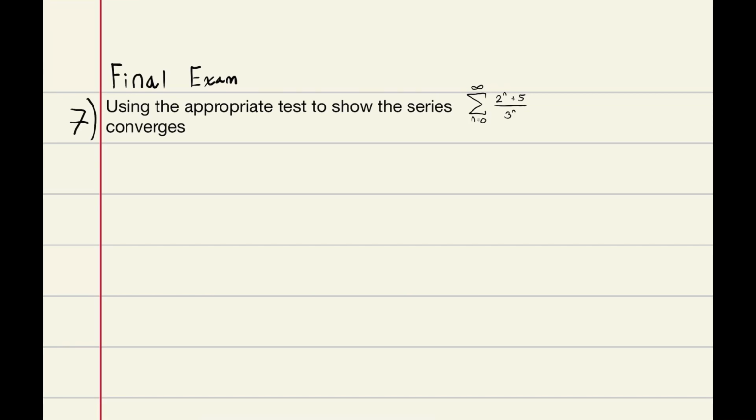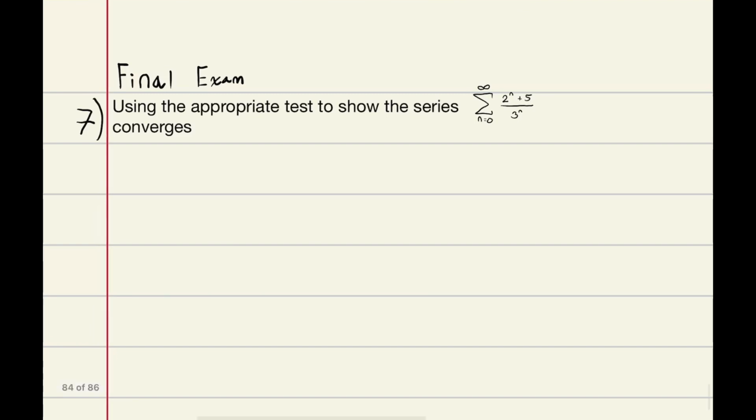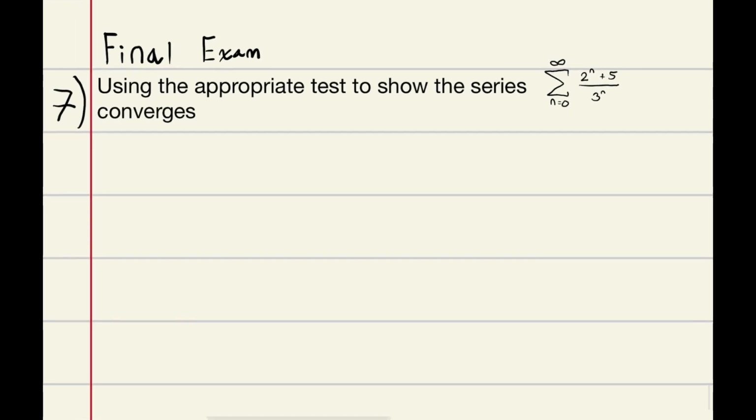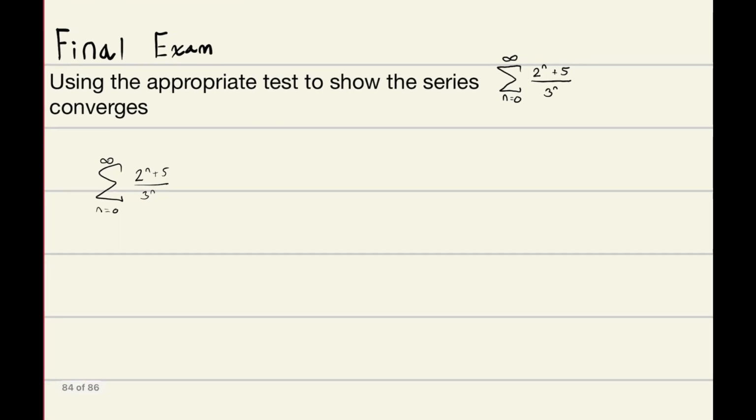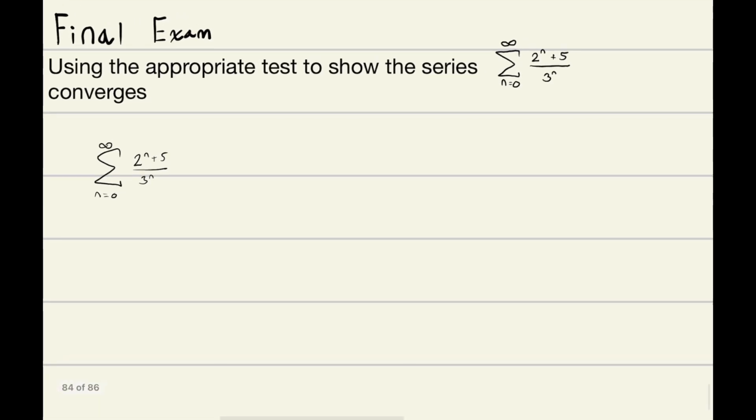We can compare (2 to the n plus 5) over 3 to the n to another series, and that series can be 2 to the n over 3 to the n.